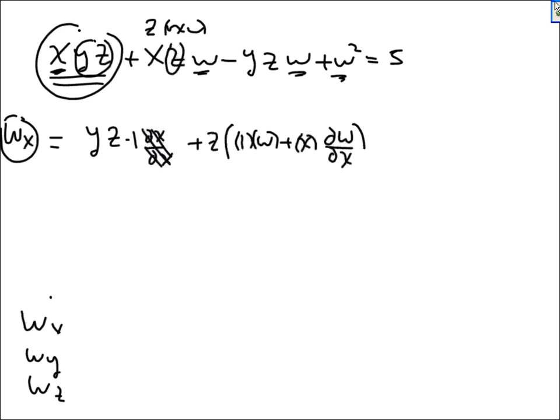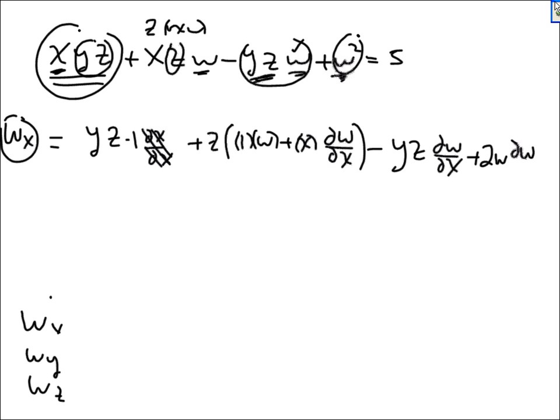Okay. Minus yz is a constant. The derivative of w is partial w, partial x, plus the derivative of w squared is 2w, partial w with respect to x. The right-hand side, the derivative is good old 0.